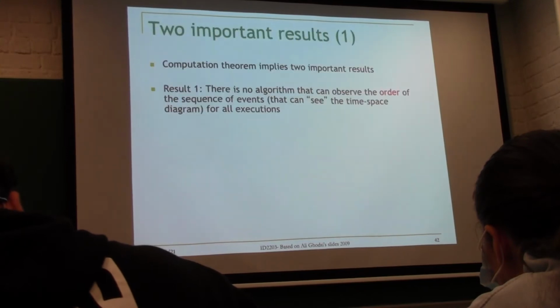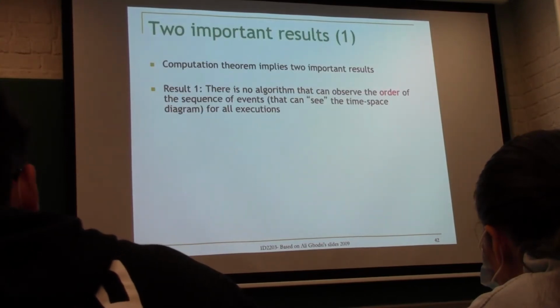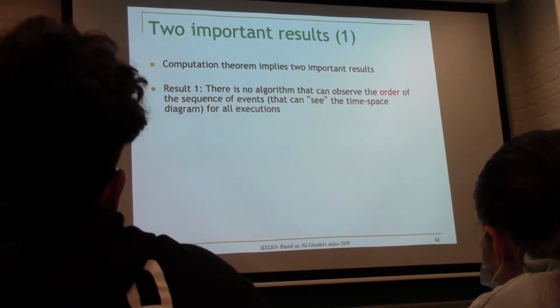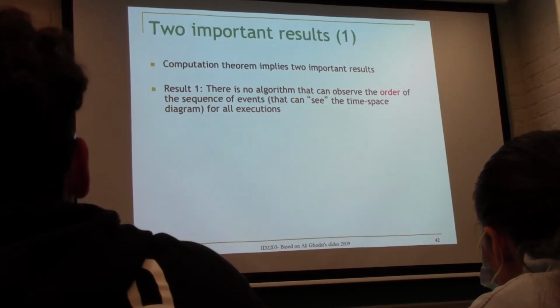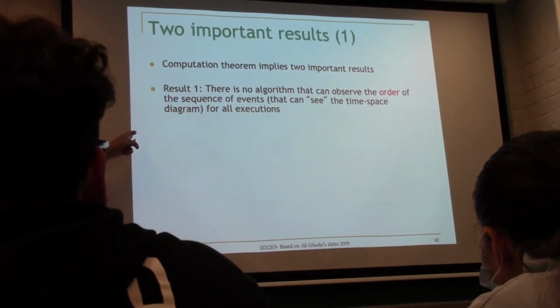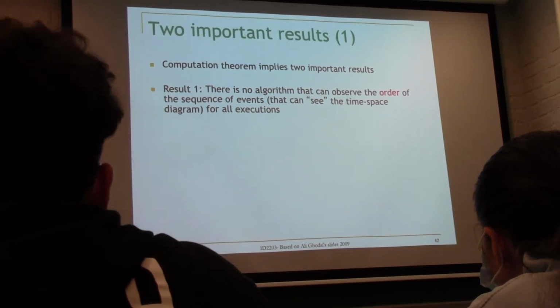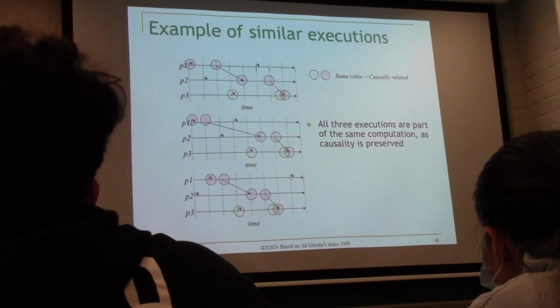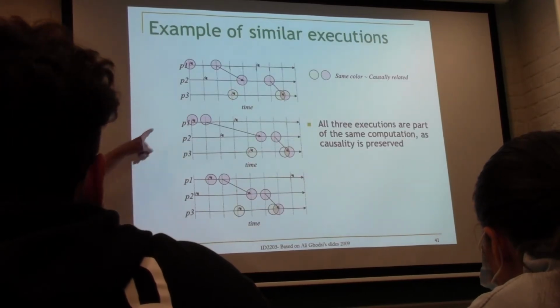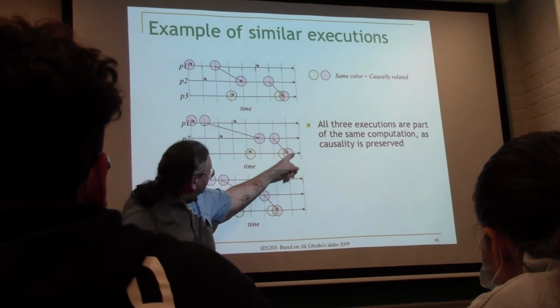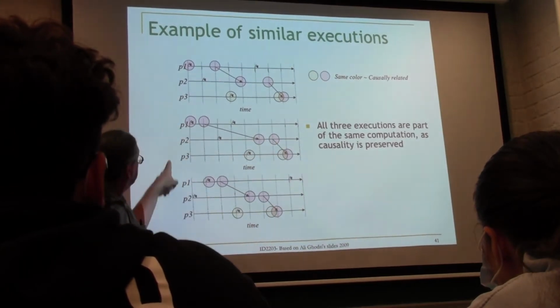So there are some conclusions you can make. One, it's very interesting. If you take any distributed algorithm in our model, where we have computation and delivery events, there's no algorithm that can observe the sequence. Basically, they can see this picture. There's no algorithm that can print the picture of what it did. I mean, during the execution, you can collect information, and at the end, you print this picture.